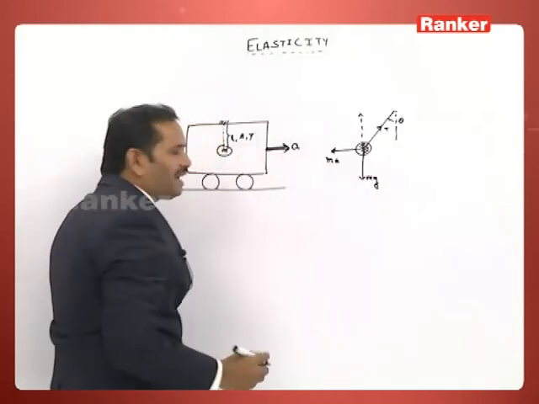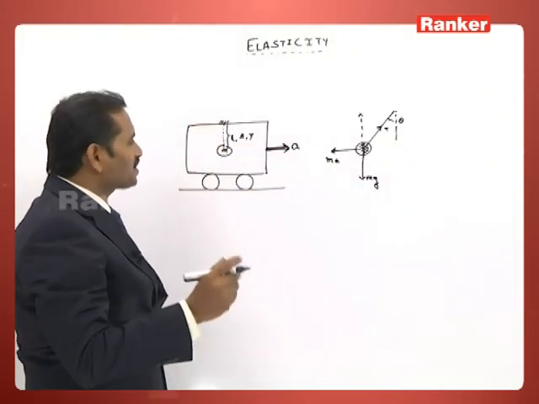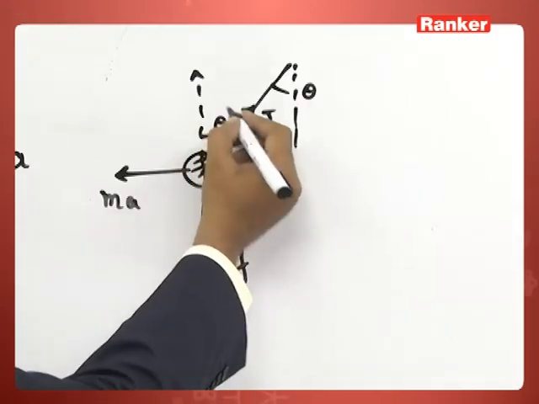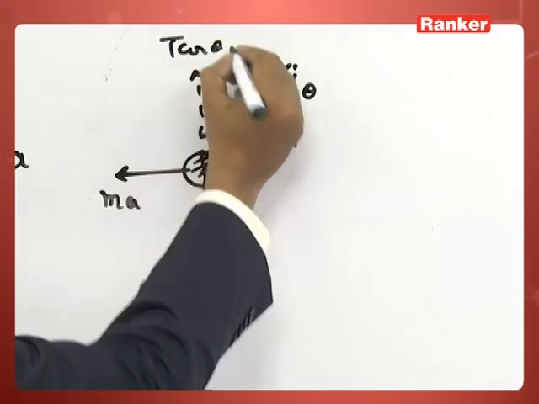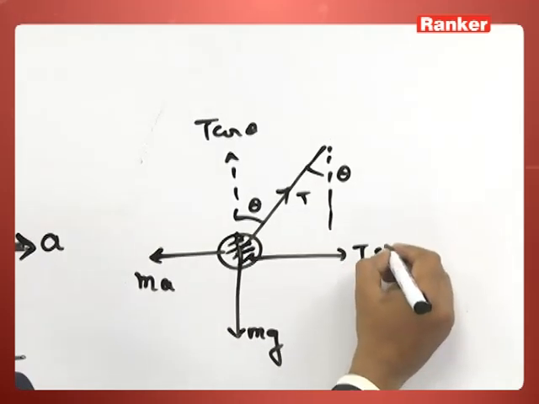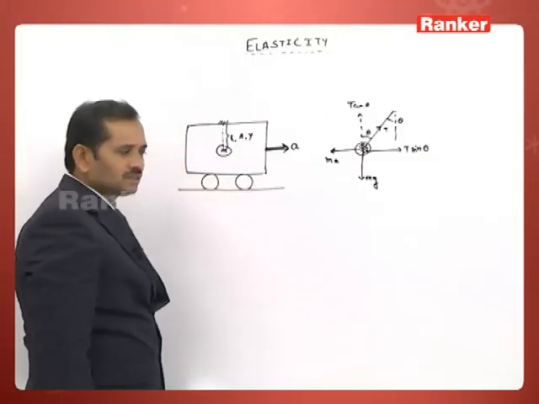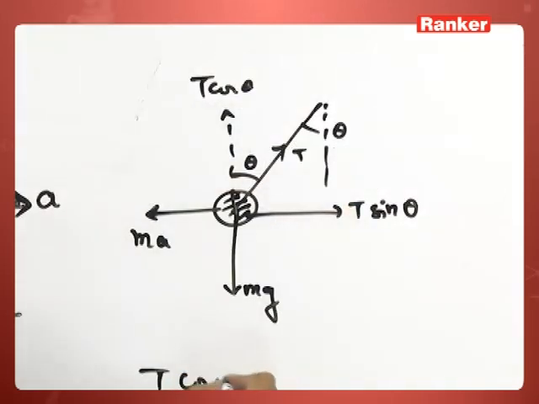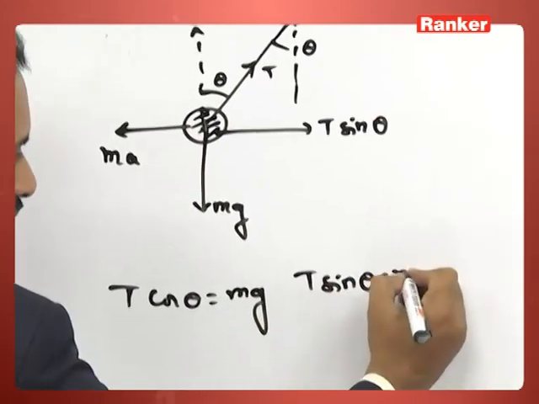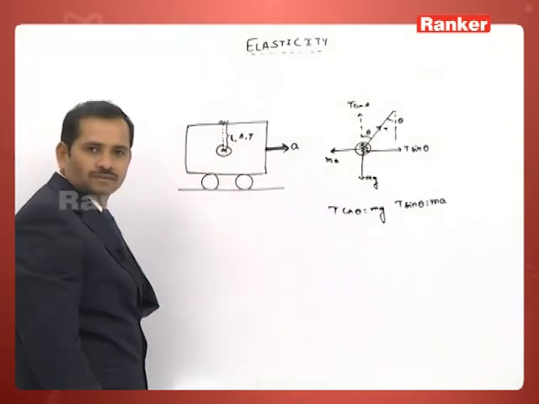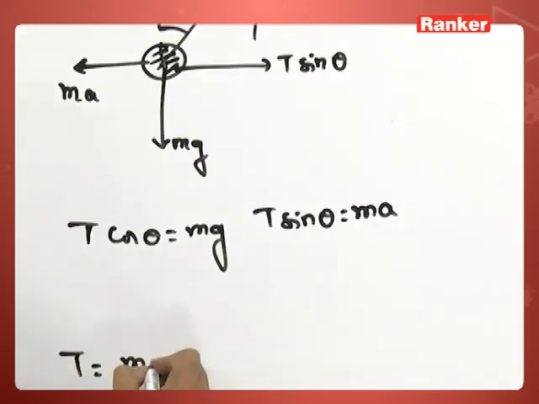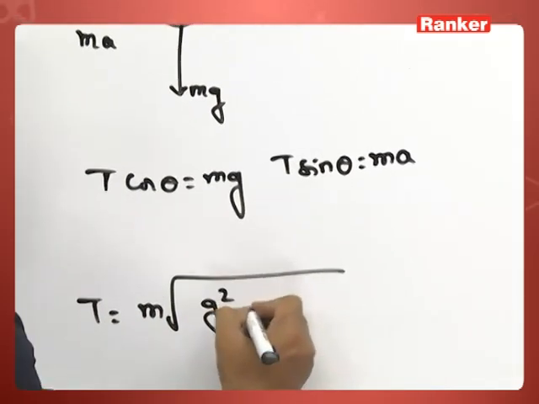If the wire elongates, they can ask you the extension in the wire. How to do this? Theta like this, T cos theta, T sin theta. From this, T cos theta equal to mg, T sin theta equal to ma, the pseudo force. Then T equal to m into square root of g squared plus a squared.